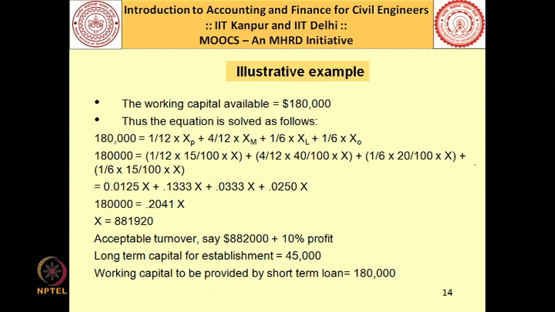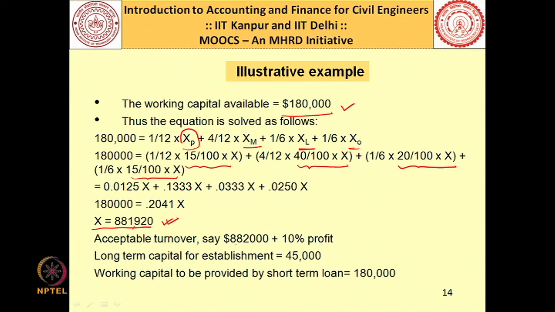Now, when you solve this and you equate this to 180,000, we can calculate the value of X, because XP is already known 15 by 100 of X, XM is already known it is 40 by 100 of X, XL is already known it is 20 by 100 of X, and XO is already known to be 15 by 100 of X. So, you have only one unknown in terms of X. So, if you solve this you will get X is equal to 881,920.